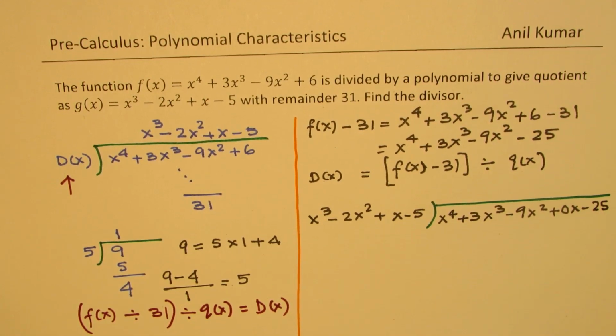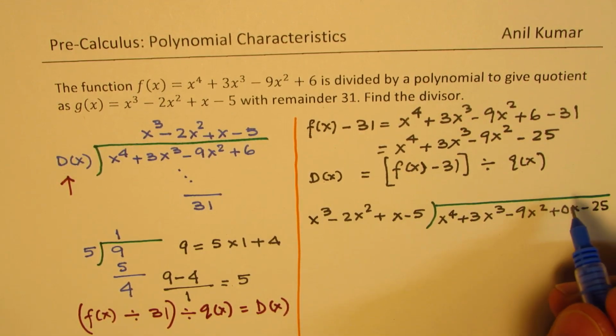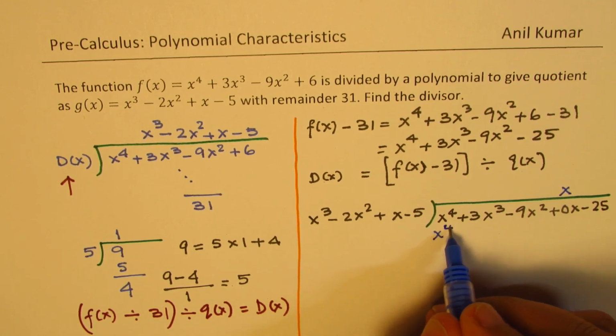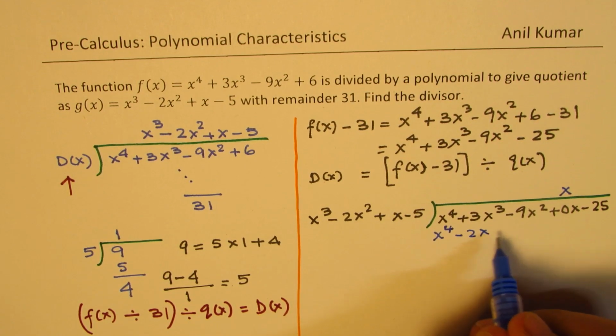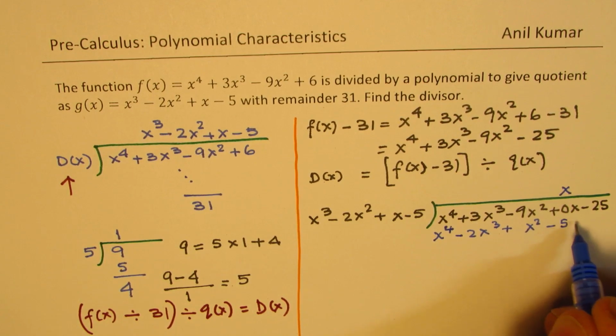Is that clear to you? Now first step, x cubed will go x times, so we'll write x here. And we get x cubed times x is x to the power of 4, minus 2x cubed plus x squared minus 5x.